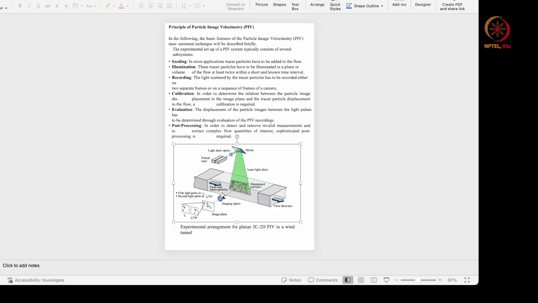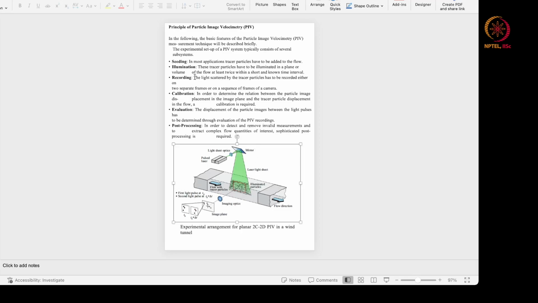Then you have an imaging optics, which basically records the image at two times. The first light pulse is at t naught, the second light pulse is at t naught plus delta t. So you can actually see how much the particles have moved in between the laser pulses, and this will enable you to calculate velocity.